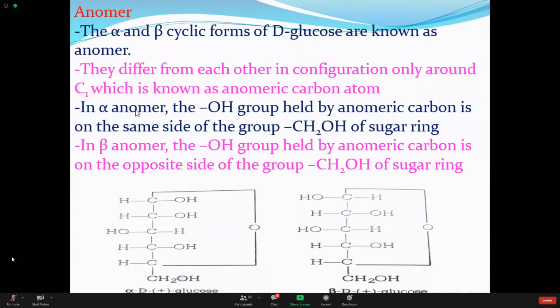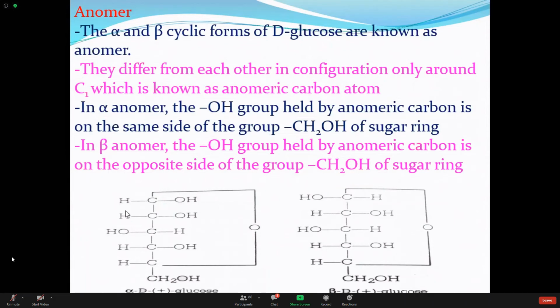In the alpha anomer, the OH group held by the anomeric carbon atom is on the same side of the group CH2OH of the sugar ring. This is the CH2OH of the sugar ring. This one and this OH are on the same side, your right hand side. So that's why this is the alpha variety.